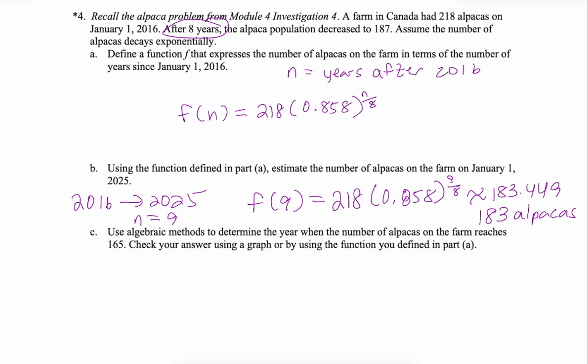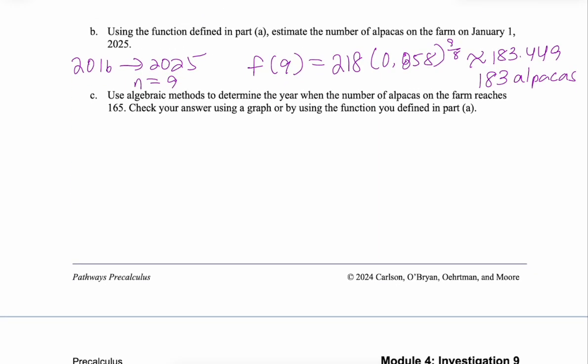Okay. Here's where part C is not as nice, because we are going to go backwards. So now let's refer to C. Let me write that equation from A so we can see it a little better. It says, using algebraic methods, let's determine the number of years when the alpacas on the farm reach 165.